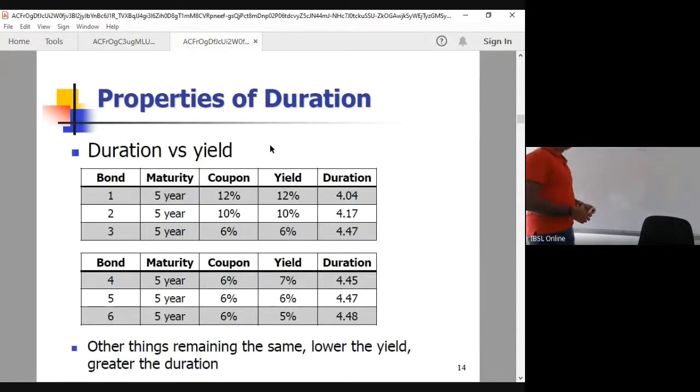Now you have the yield to maturity, which is the market rate at which the bond is trading, higher or lower. Suddenly you bought this at par, your coupons are 12, and that coupon doesn't change, it always remains the same. But your yield to maturity changes. Your yield to maturity goes up or down.